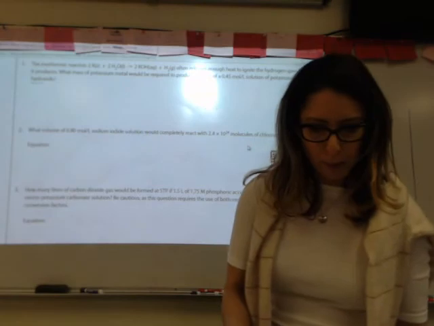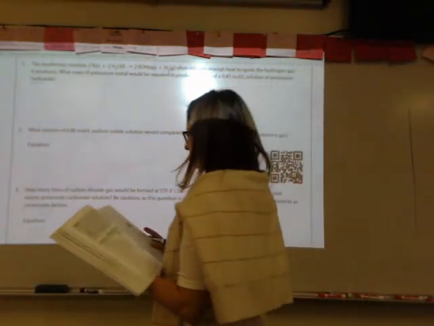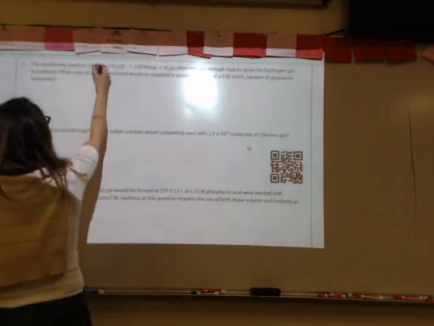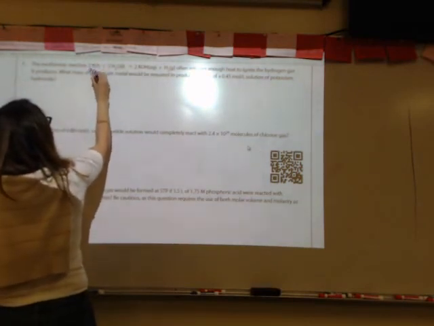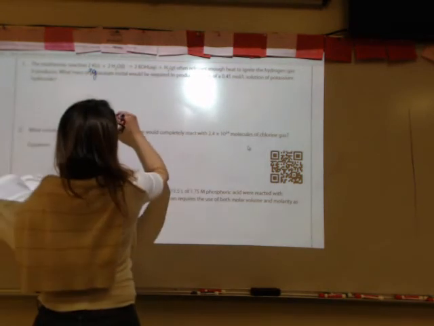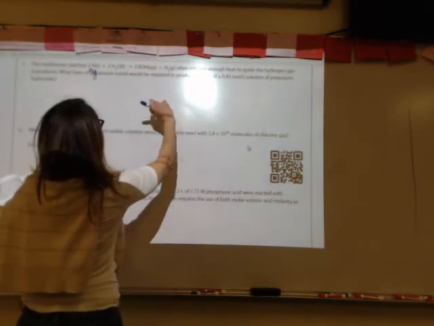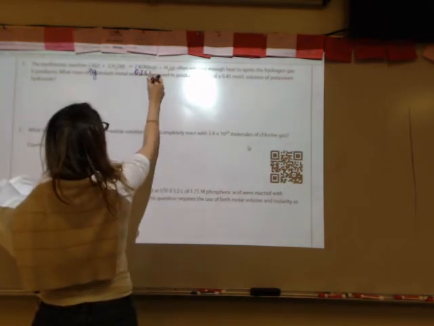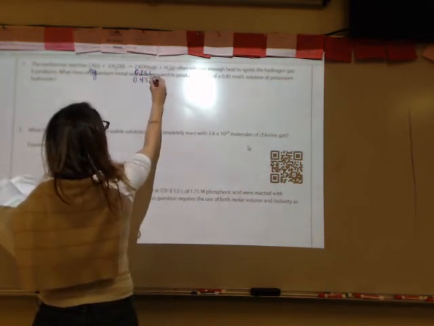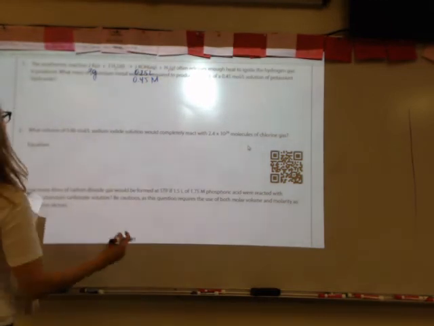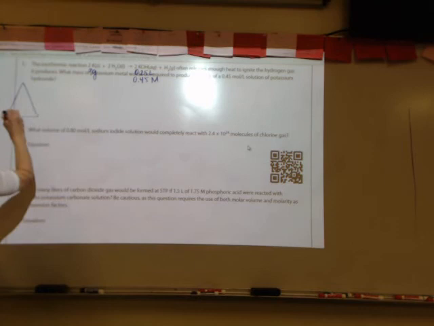For practice problem number 1, what mass of potassium metal, so I'm going to put a question mark grams under K, is going to produce 250 mL of 0.45 molar potassium hydroxide. So that's 0.25 liters and 0.45 molarity. Always ask yourself, how can I get moles?